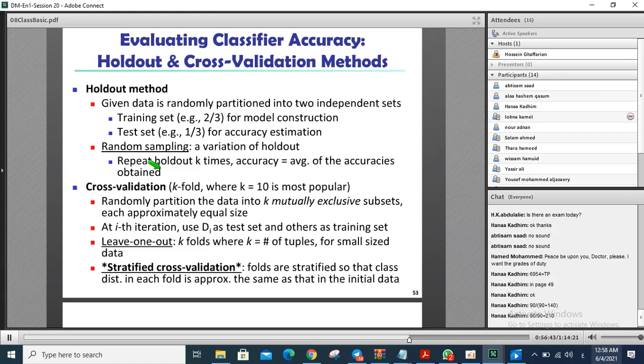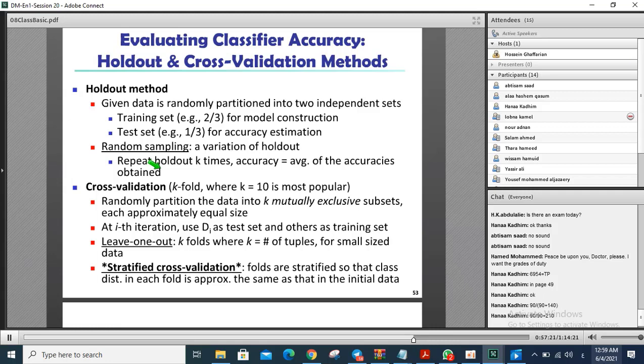But these values are optional. You can change them. For example, I saw in the past some reports where others use, for example, 90% and 10% for training and tests. It depends, but most of the time, others use 66% and 34% for training and tests.